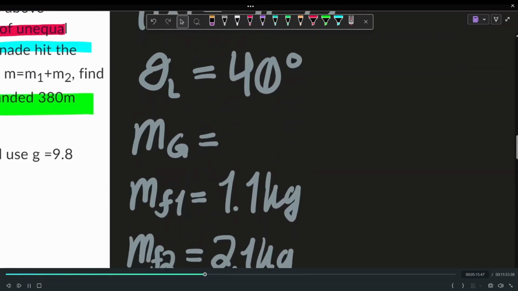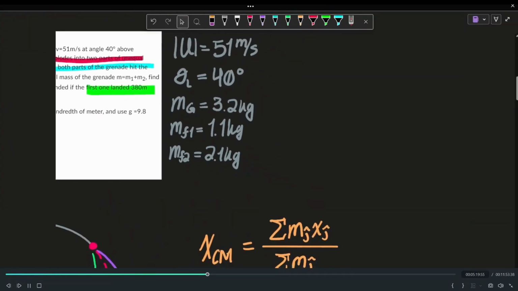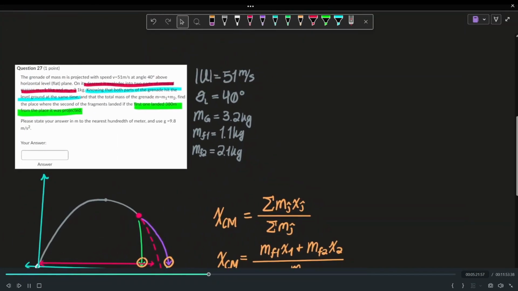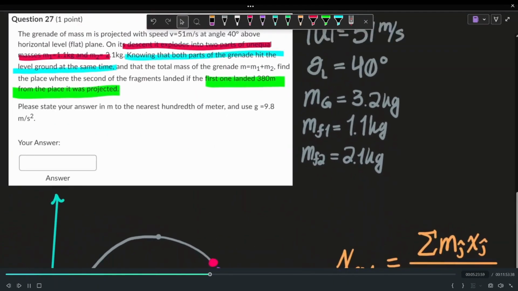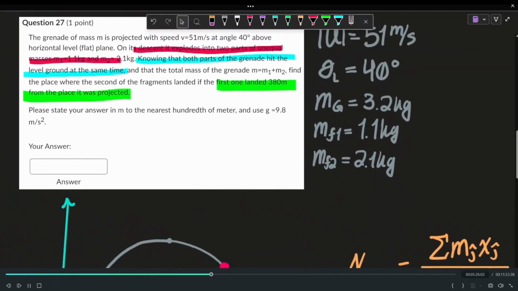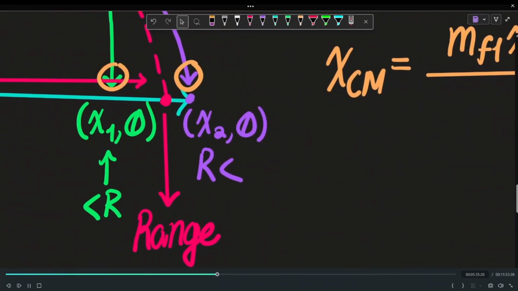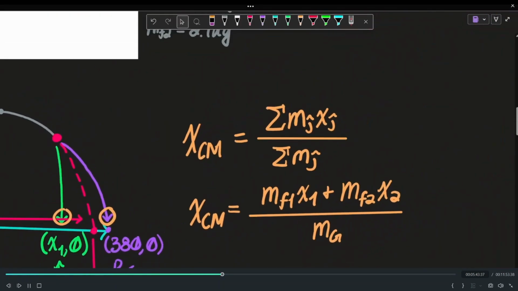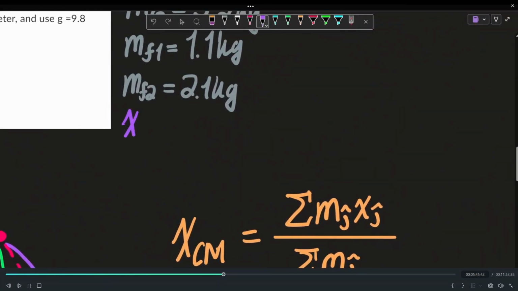So we know the mass of the grenade was 3.2 kilograms. And we know the first fragment landed 380 meters from the beginning, so it's at position 380, 0. We can write that as x1 is equal to 380 meters.